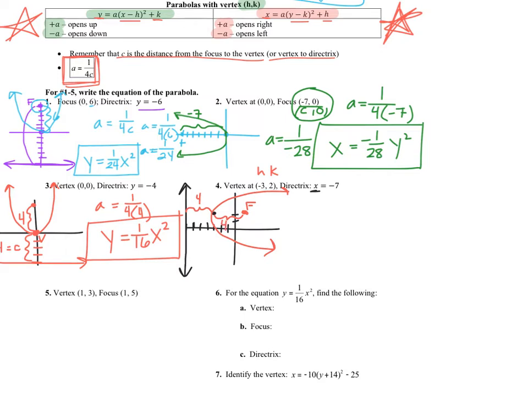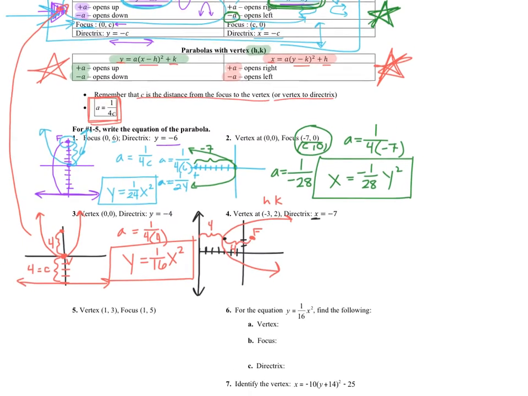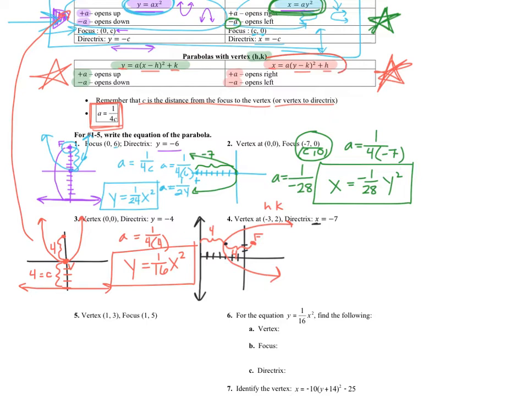What we're going to do is we're going to set this up in this form up here. x equals a times y minus k squared plus h. Remember, we know this right off the get-go. So you might just want to start with that. x equals, leave a space for our a because we haven't found a yet.